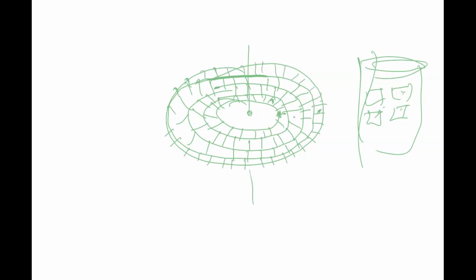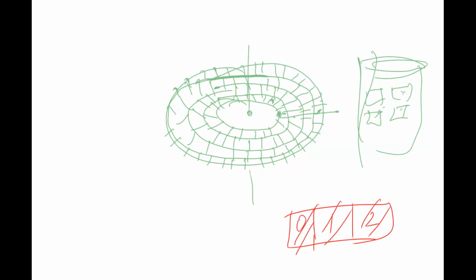Now here is the read write head. Let's see. Let's say you have a file that has 0, 1, 2, a total of 3 blocks.